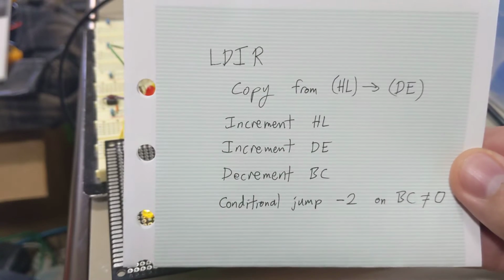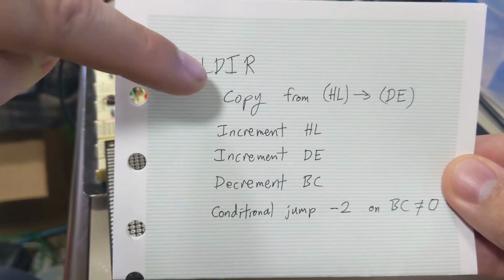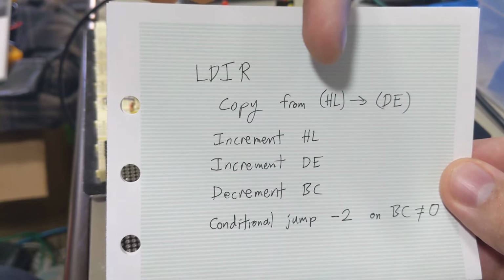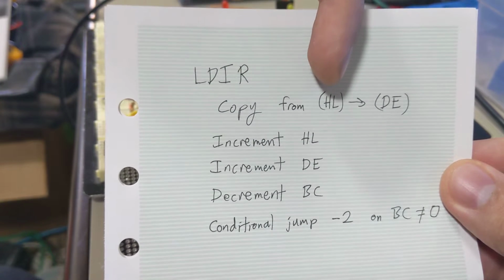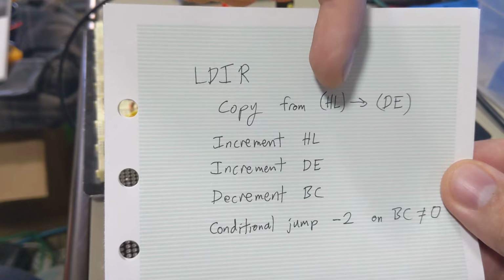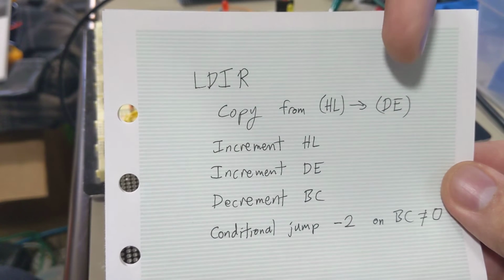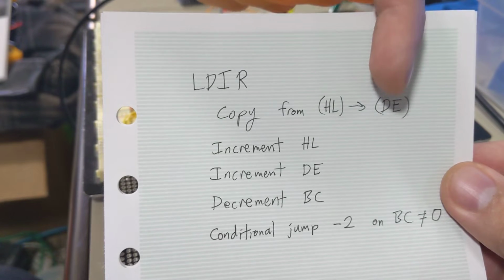The LDIR command is a block transfer command that copies data from the address pointed to by the value of the HL 16-bit register, and it copies that data to the address in the DE register.